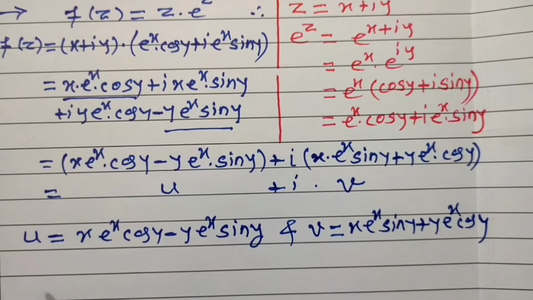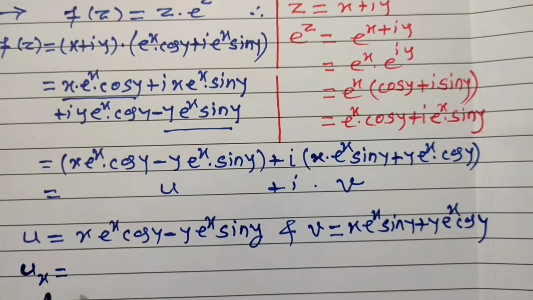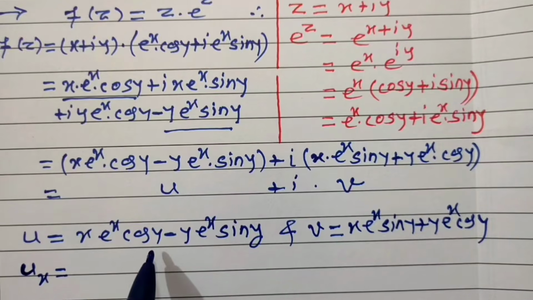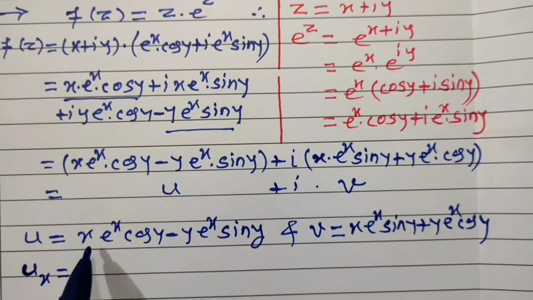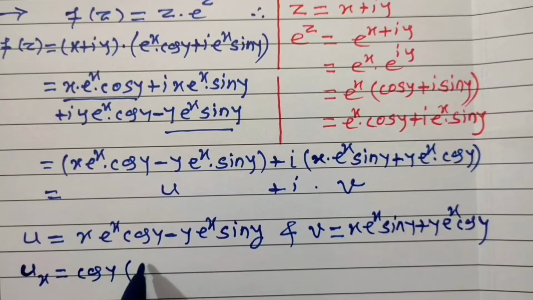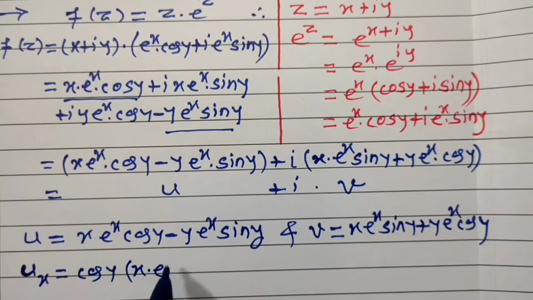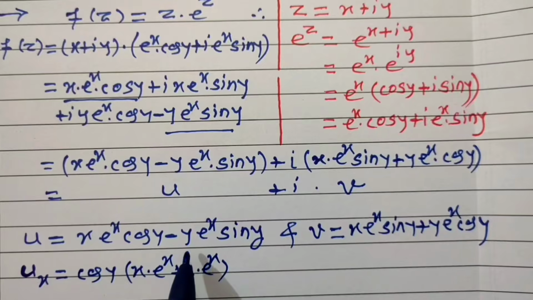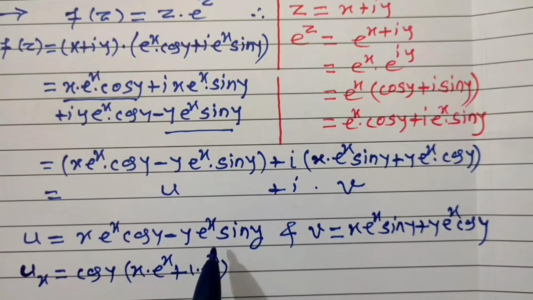So partial derivative of u with respect to x is equal to partial derivative with respect to x considering y as constant. So this becomes constant, and we have to take the derivative of this applying the multiplication formula. So this becomes cos y, first function as it is, derivative of second, plus derivative of first function into second function as it is, minus, here we have to take its derivative with respect to x.